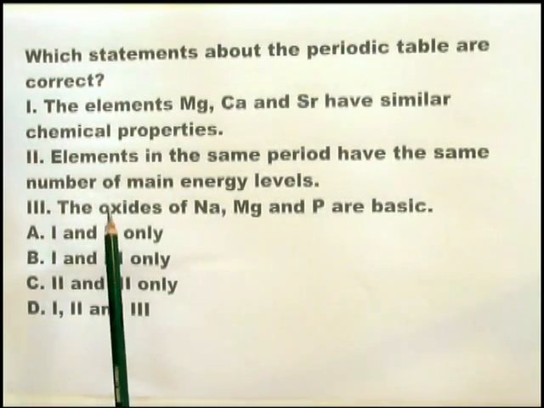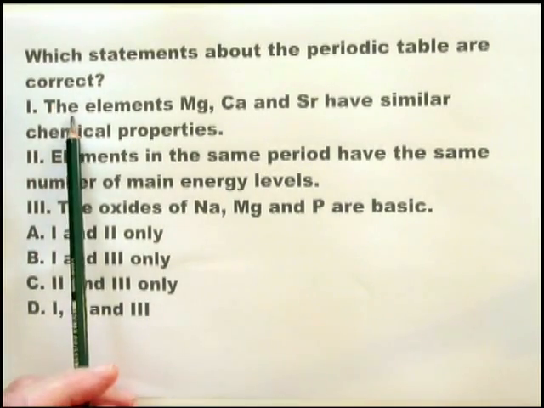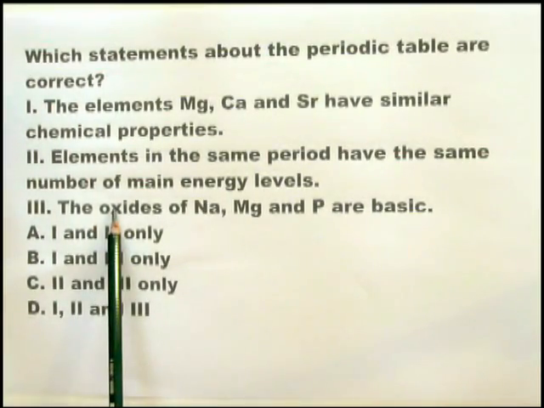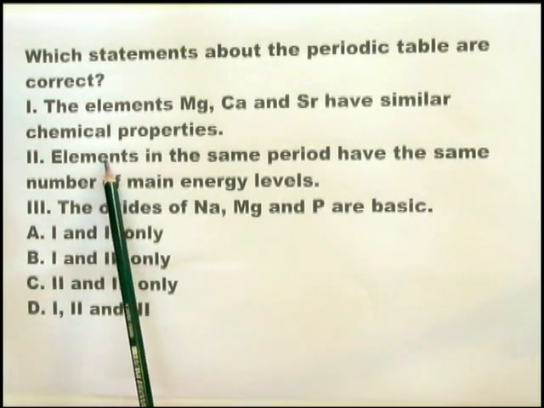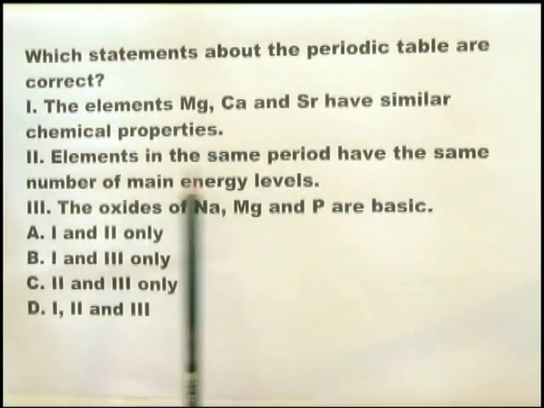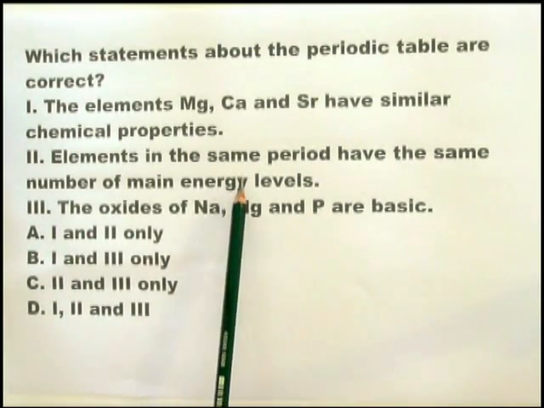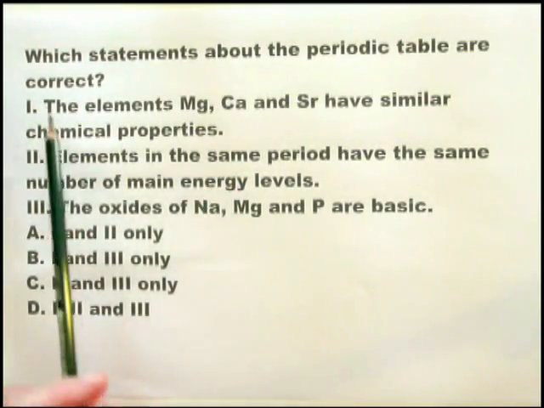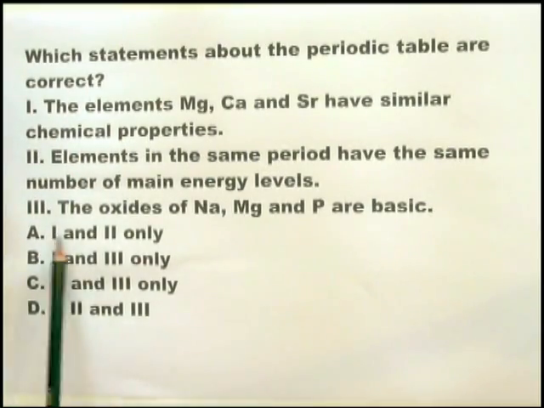Okay, so you know 1 is correct, 3 is not correct, and let's have a look at this. Elements in the same period have the same number of main energy levels. That's true. So 1 and 2 are correct, 1 and 2 only.